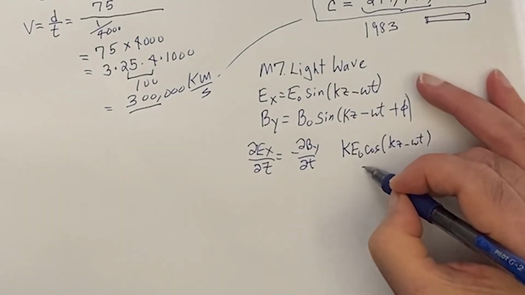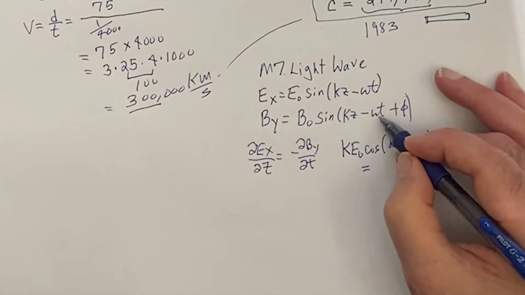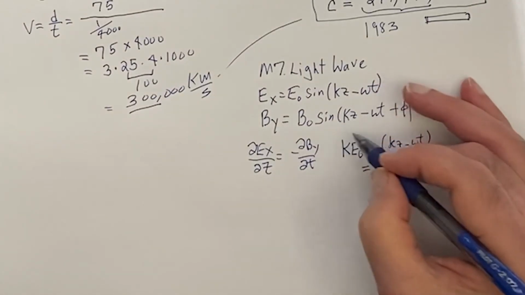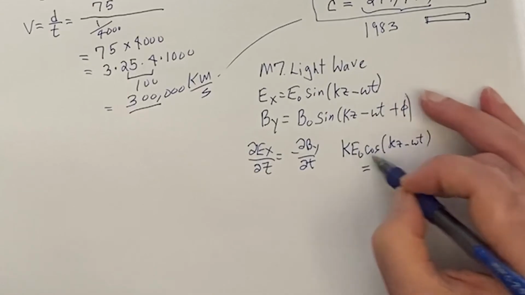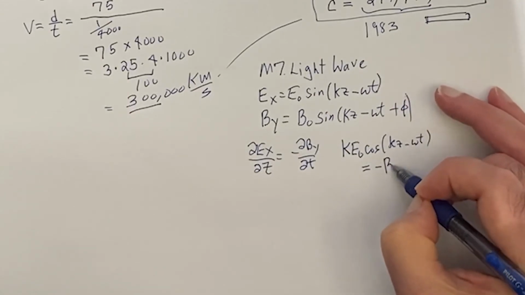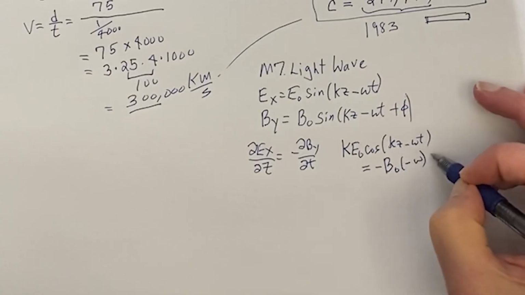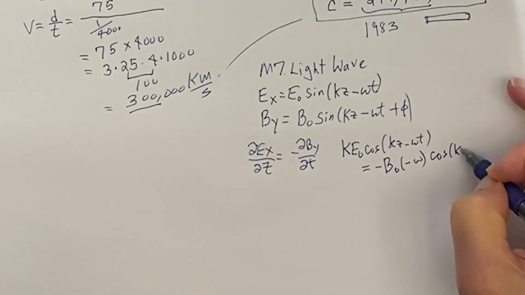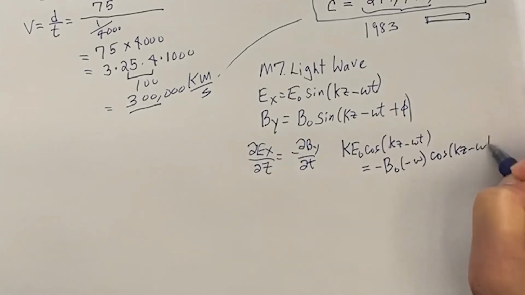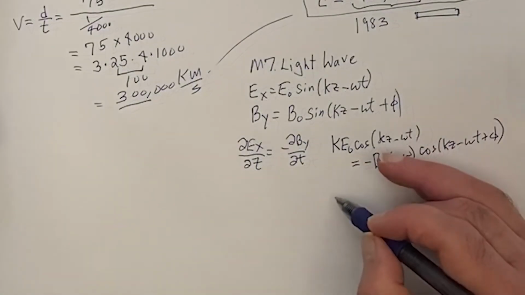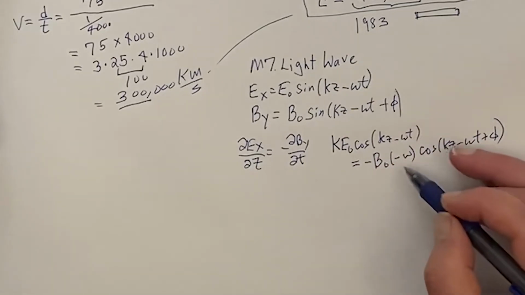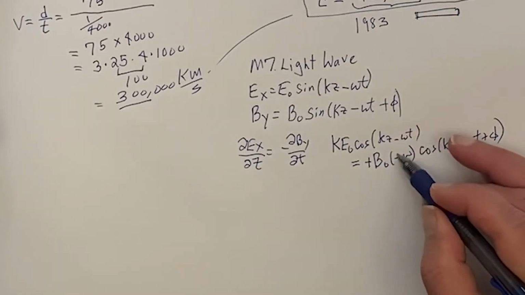And that has to equal the derivative on this one with the minus sign. Here, if we have the minus sign, we'll have minus B naught, and the cosine with the minus omega popping out. So that's cosine. Okay, so let's look at this. This is going to cancel here.